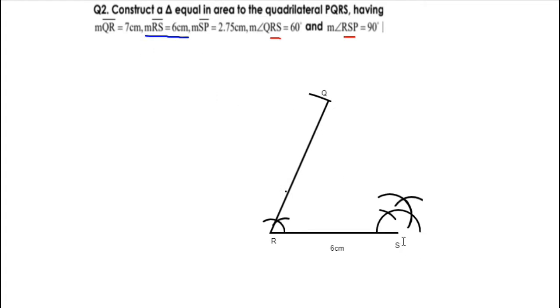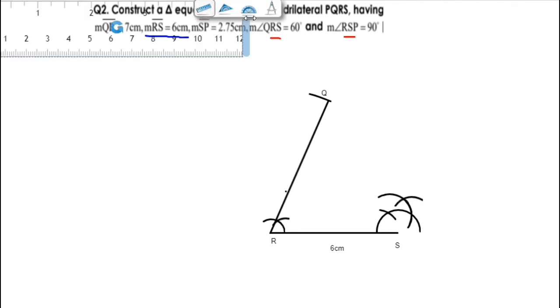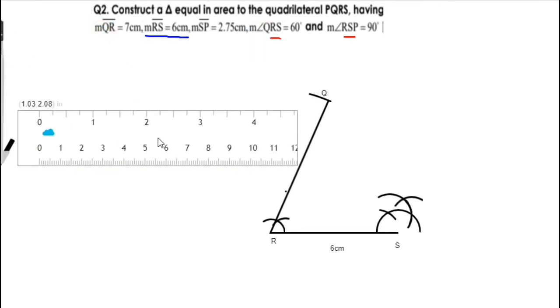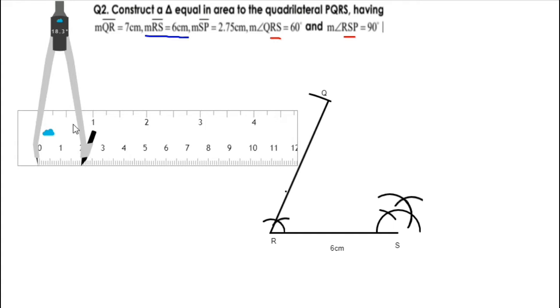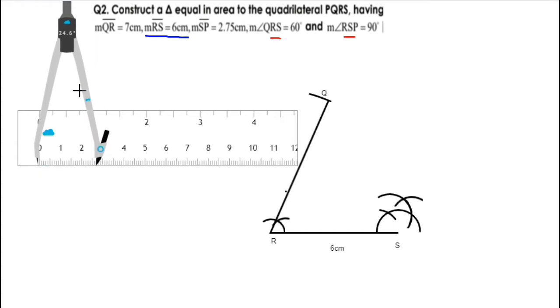Now we have to draw SP of 2.75 centimeters. Let's take the scale and compass and measure 2.75 from the compass, that will be between 7 and 8. Yes, here it is.